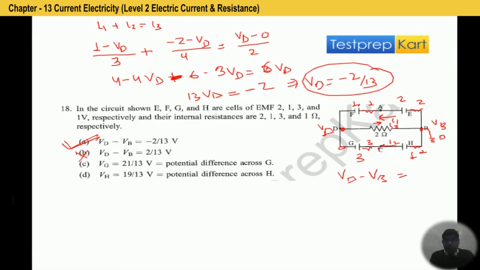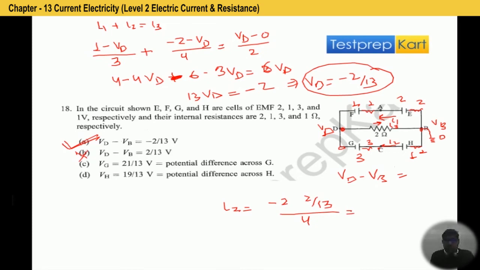So look, if we have VD, that is minus 2 by 13, we can calculate current I1, which is going through this cell, or current I2. So current I2 is minus 2 minus VD over 4. So we can write current I2 with this direction, that is minus 2 by 13 divided by 4, right?